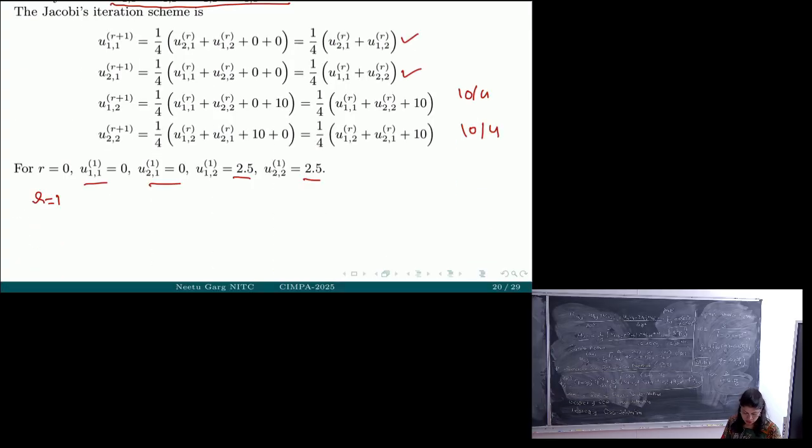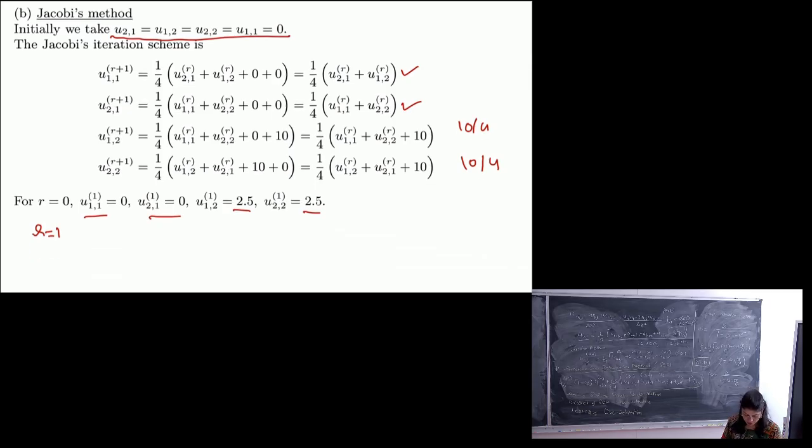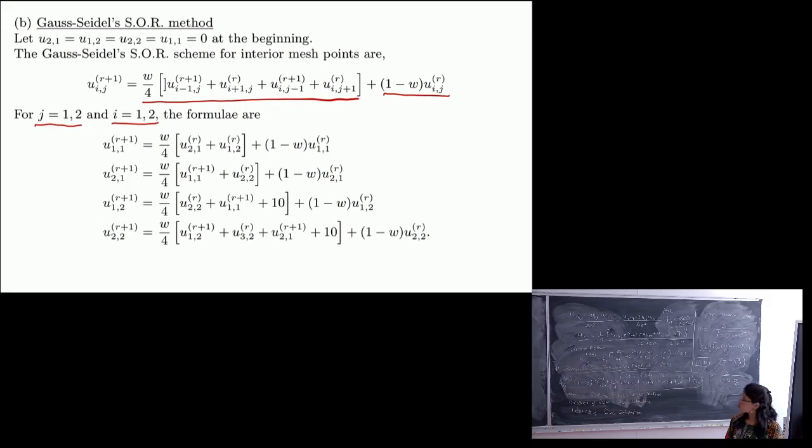So we are writing this scheme with the help of this SOR method. When we write this formula for i equal to 1 to 2 and j equal to 1 to 2, we get a system of these 4 equations for 4 unknowns.